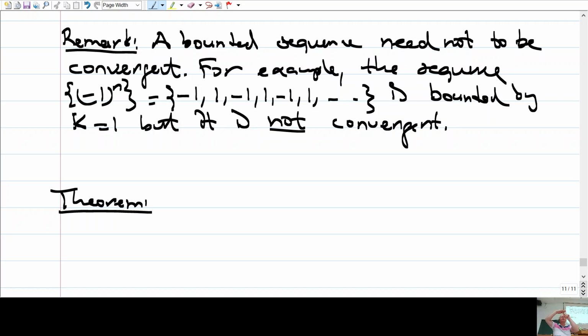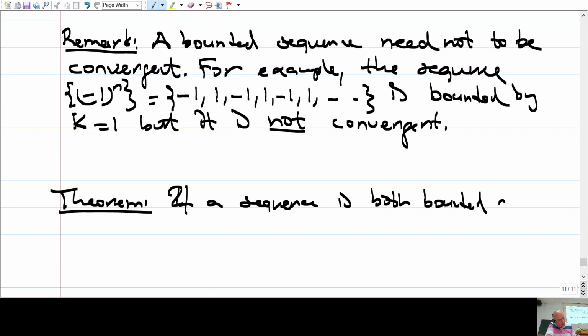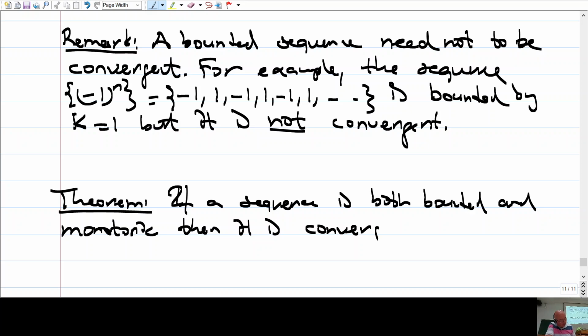And wherever it accumulates, that will be the limit. So that's the theorem. If a sequence is both bounded and monotonic, then it is convergent.